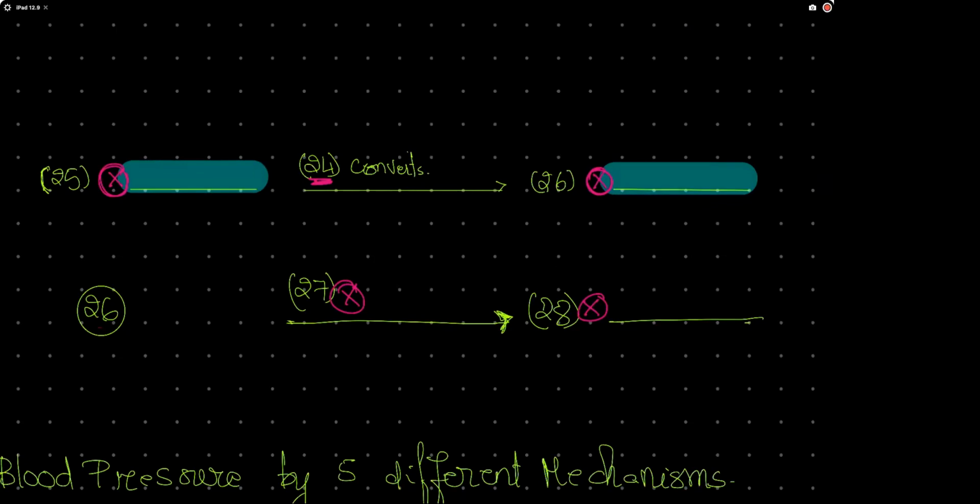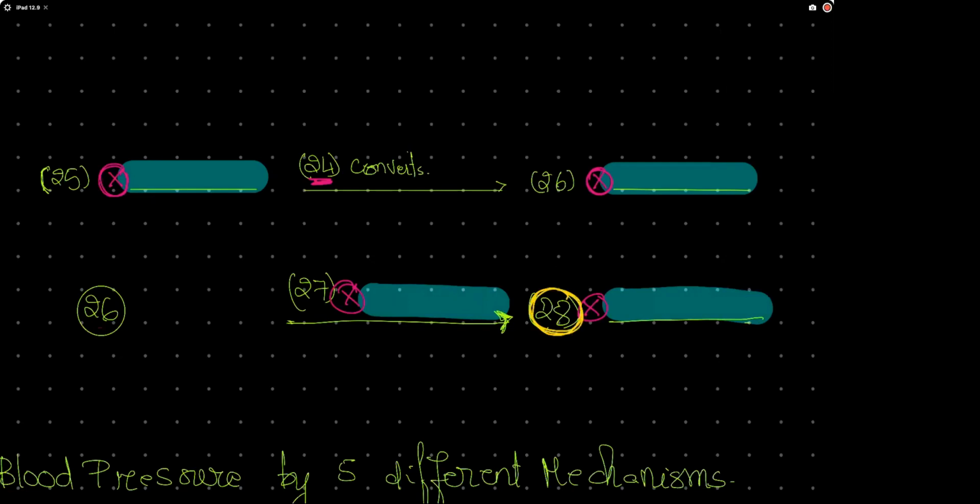It needs further activation and conversion. So number 26 here gets converted to 28 under the effect of an enzyme. This is marked 27. Number 28 is the one that acts to increase your blood pressure.